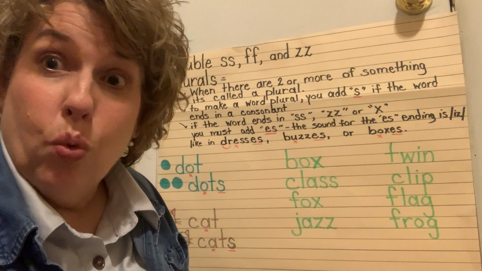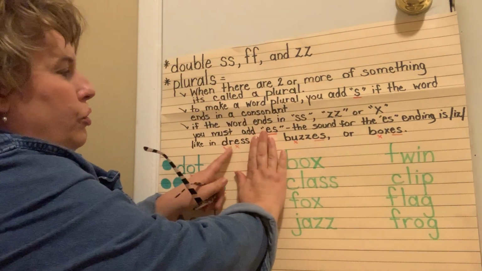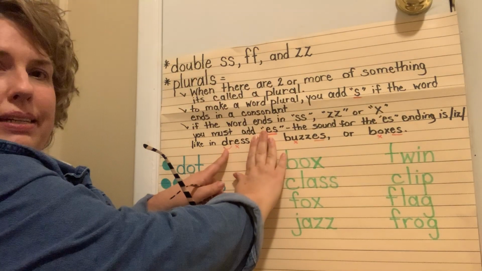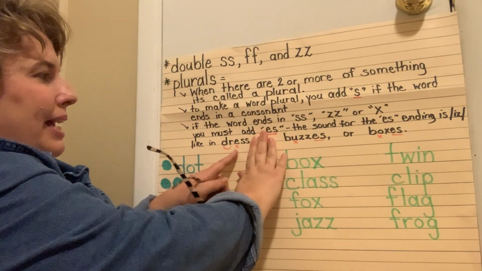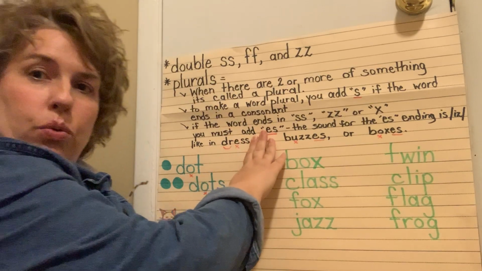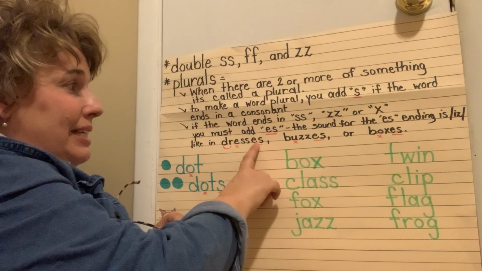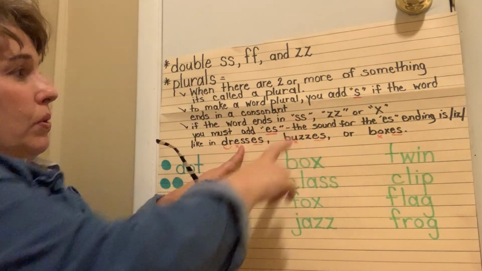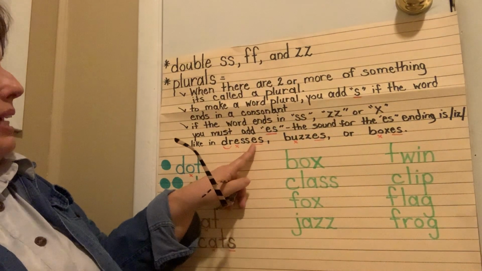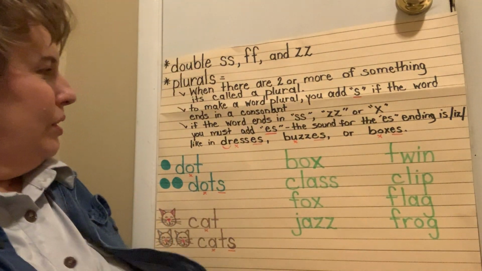Talk about wild. So, see this word? Dress. Ooh, there's a blend. See the word dress? Well, what if you have more than one dress? You add an ES because it's got those double S's. And look, it says dresses. It's got that IZ sound.